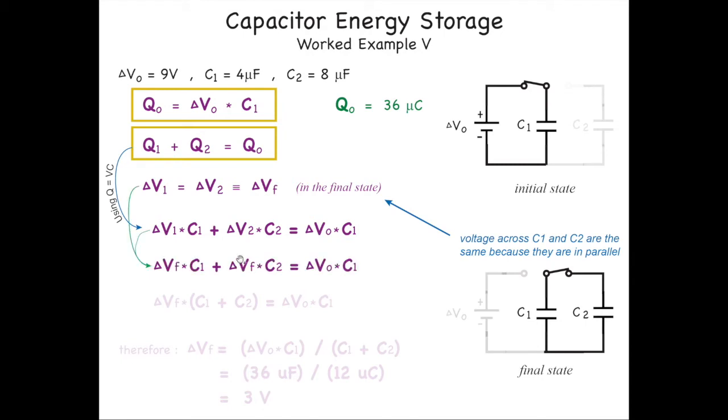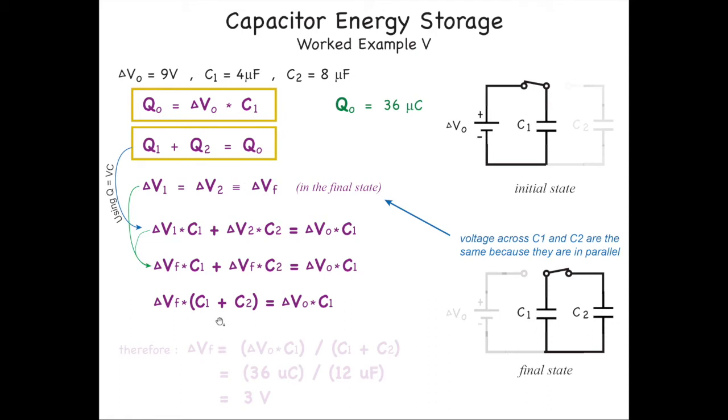Then we can combine our definition of final voltage with this equation to write it in terms of VF. We'll take V1 and write it as VF, take V2 and write it as VF, and everything else stays the same. Now, looking at this equation, we can pull the VF out front. So we now have delta VF times C1 plus C2 is equal to V naught C1.